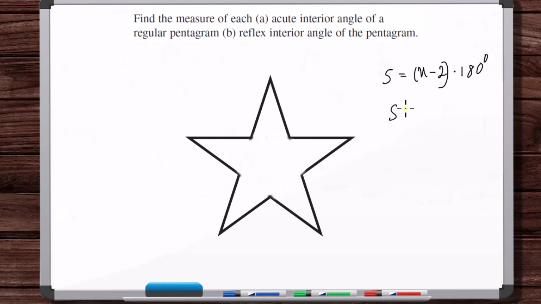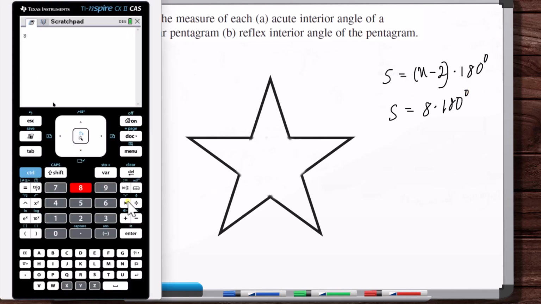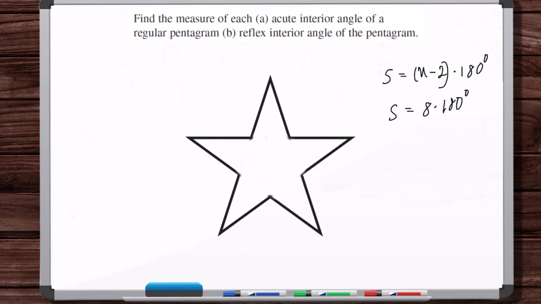We can see this polygon here has 1, 2, 3, 4, 5, 6, 7, 8, 9, 10 sides. So you have 10 minus 2 is 8 times 180, which is 1,440. Okay, that's some useful information to start.